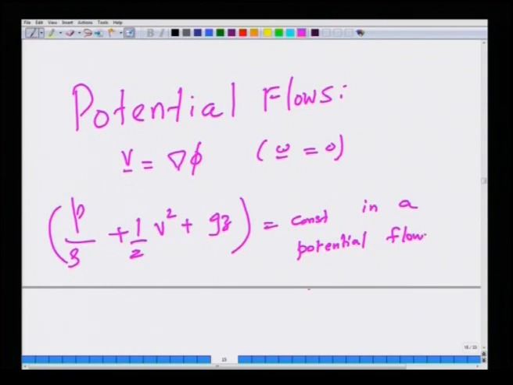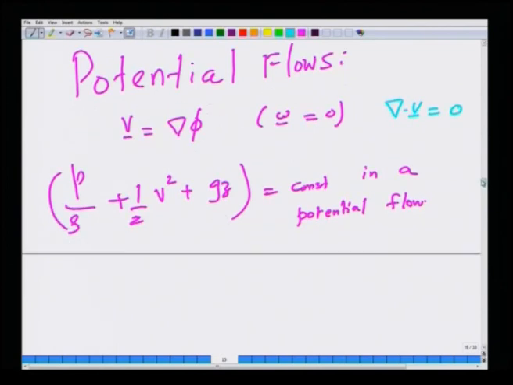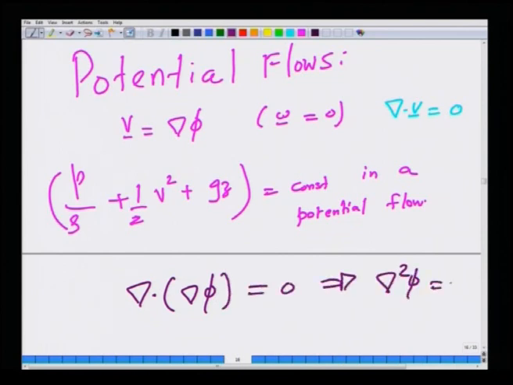Okay. Now, these are not all, because our flow is also incompressible. So, you also have in addition the mass conservation equation, that del dot v is 0. Okay. So, if you have v is del phi and substitute that in the mass conservation equation, you have del dot del phi is 0 or simply del squared phi is 0.